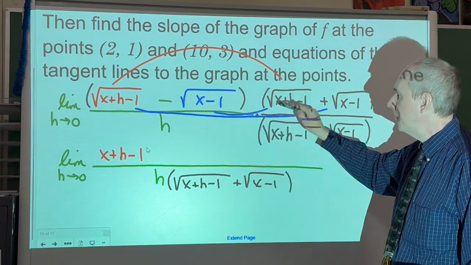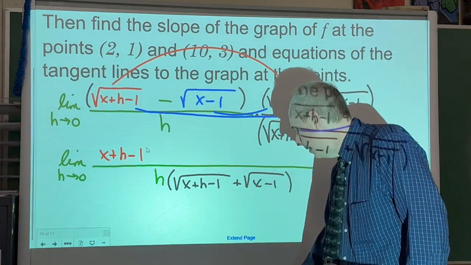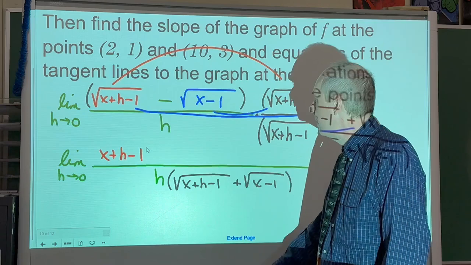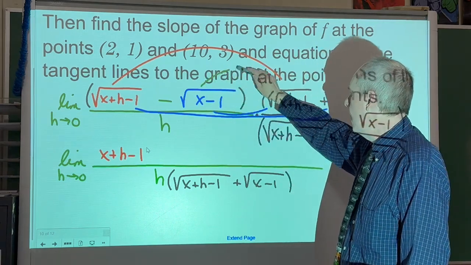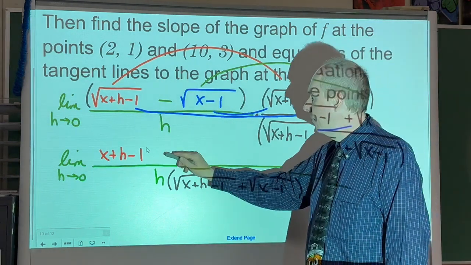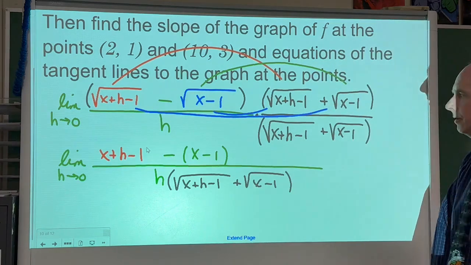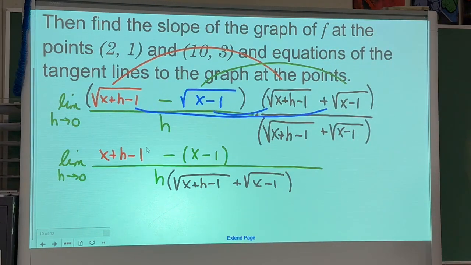Then you would have the same thing but negative. They cancel out. Lastly, we would have negative radical x minus 1 times positive radical x minus 1. So minus x minus 1. That's looking promising.